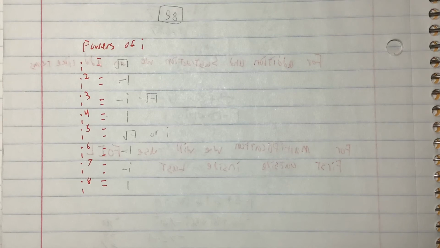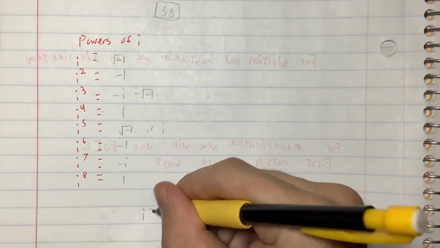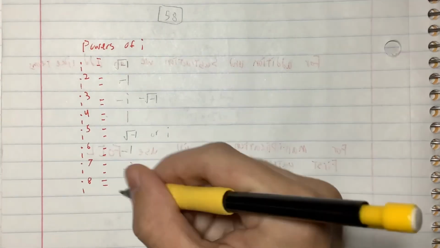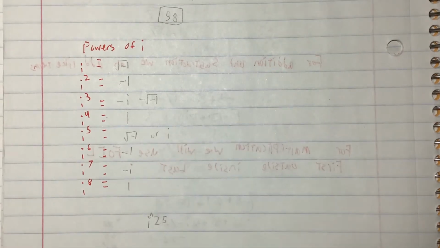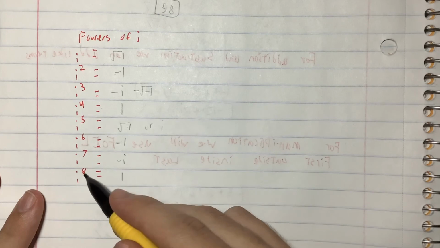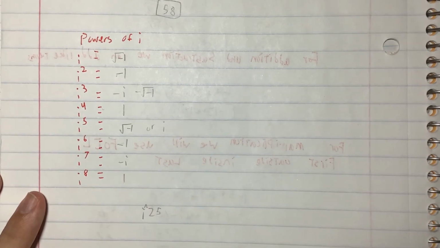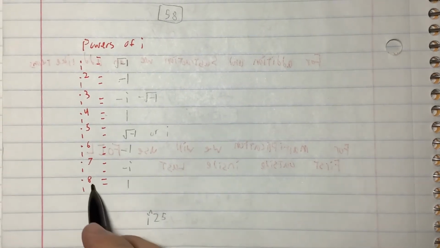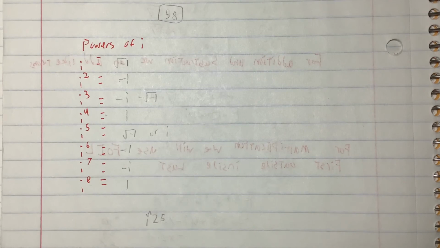Simple enough. Now, solving these is just as easy. So, say we have i to the 25th power. So, we already know that i to the 8th equals 1, so if we subtract an exponent of 8, it's still going to equal 1.